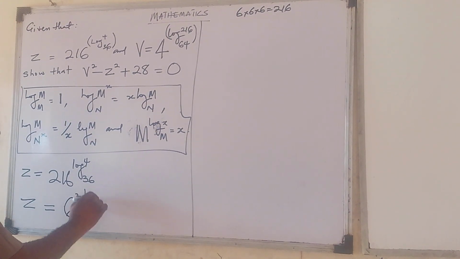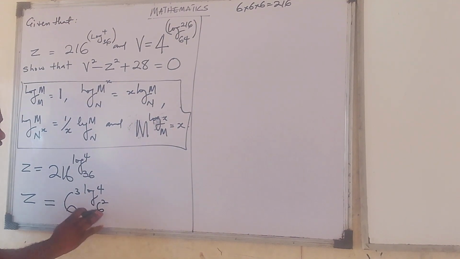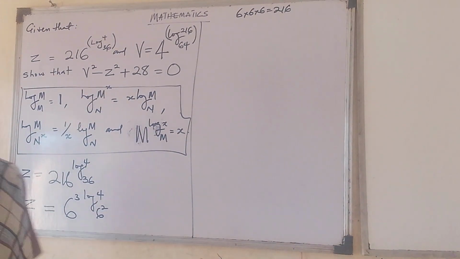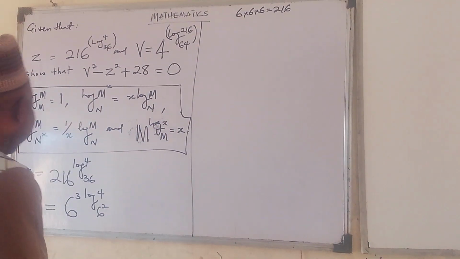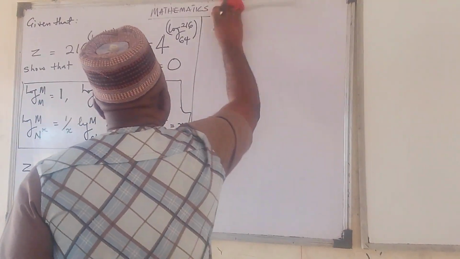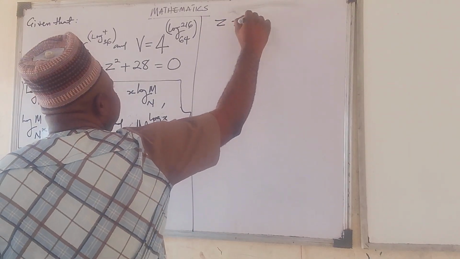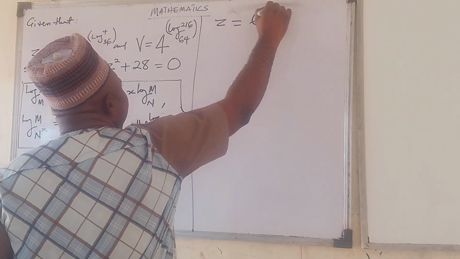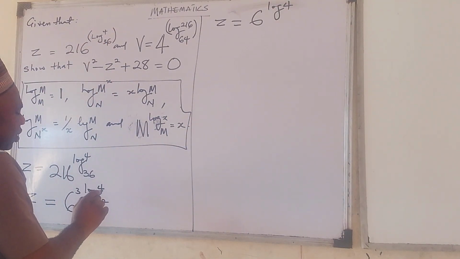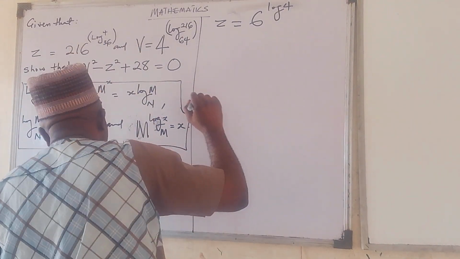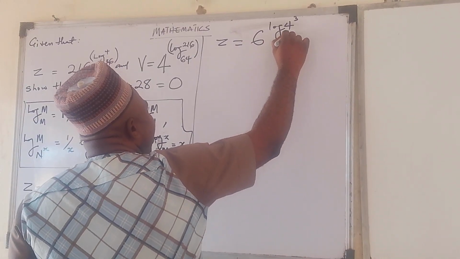Then here we have log 4 base 6 raised to the power of 2. 6 raised to the power of 2 is 6 times 6, and of course we all know that is equal to 36. So z is equal to 6 raised to the power of log 4, and we are taking that 3 to the front, so we have 6 raised to the power of log 4 power 3 base 6 raised to the power of 2.